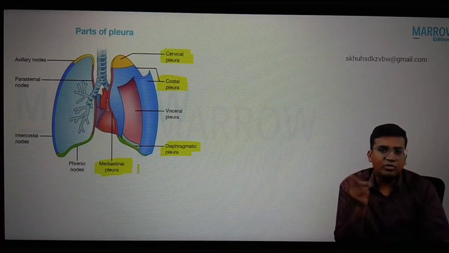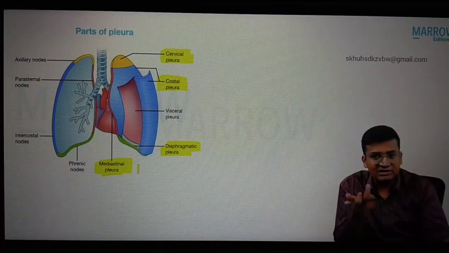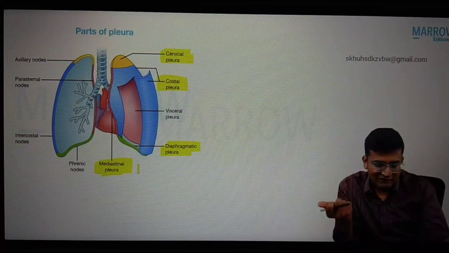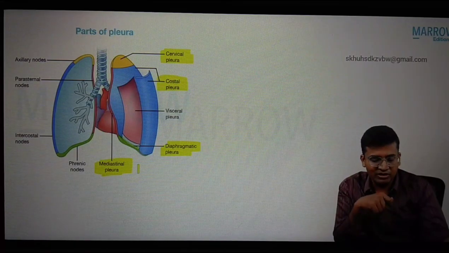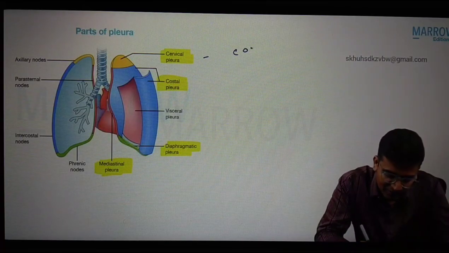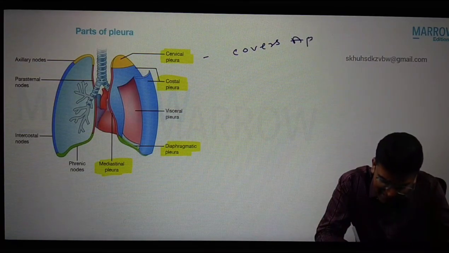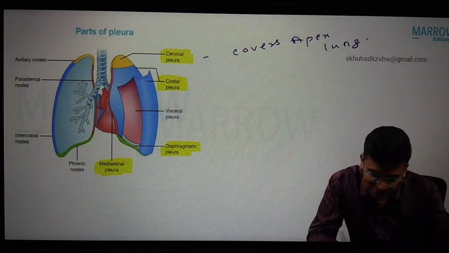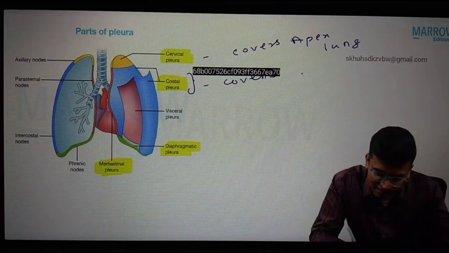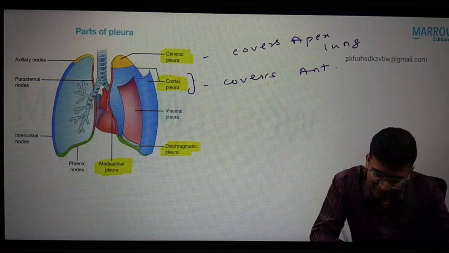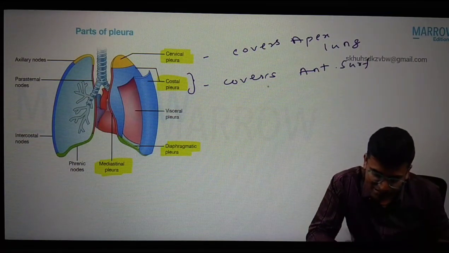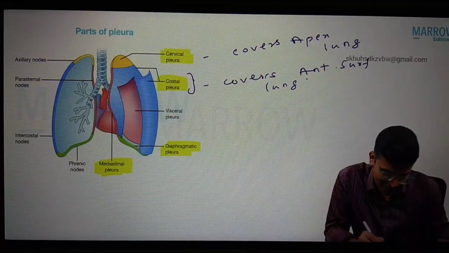Same parietal pleura only, depending upon the region it is covering, it is called cervical pleura, costal pleura, diaphragmatic pleura, and the mediastinal pleura. Now, what about the cervical pleura? Cervical pleura covers the apex of the lung. Costal pleura covers the costal surface of the lung, anterior surface of the lung.